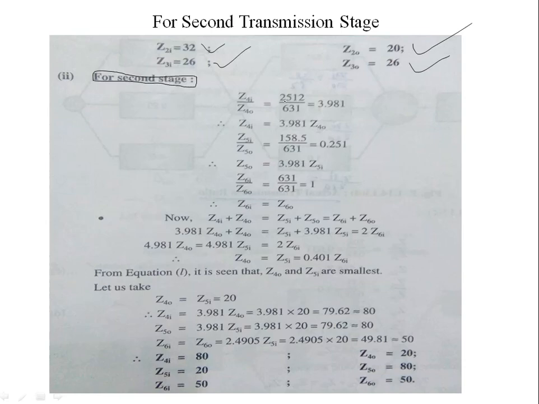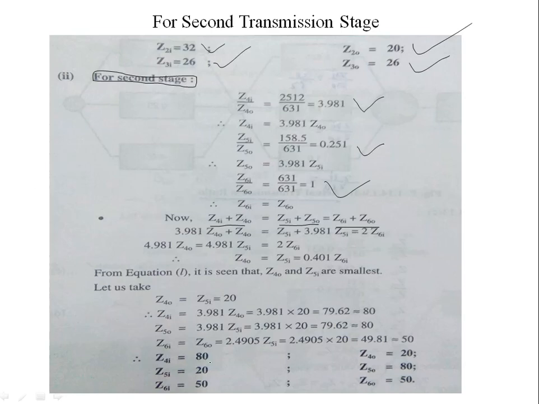For the second stage, that is 2512 upon 631, 158.5 upon 631, and 631 upon 631, the ratios are 3.981, 0.251 and 1. Again, the module is the same and the center distance is the same. So the addition of the gear pair, Z4 input plus Z4 output, is equal to Z5 input plus Z5 output, is equal to Z6 input plus Z6 output.